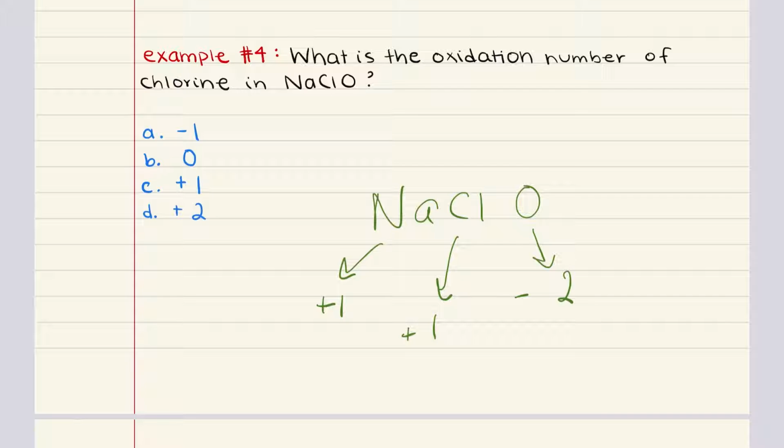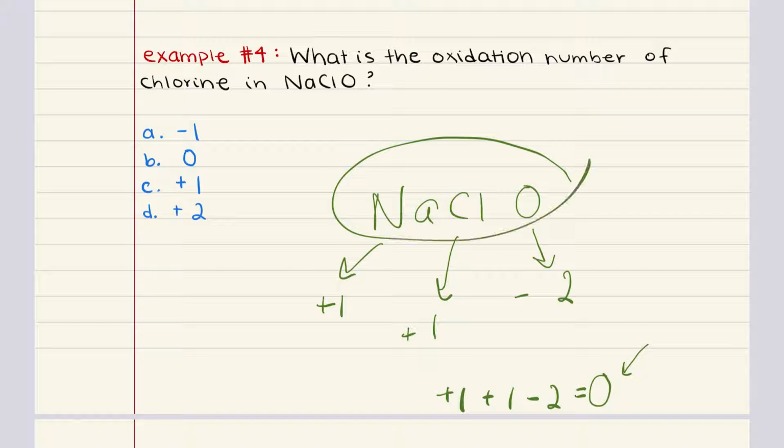Because +1 plus 1 minus 2 gives us a sum of 0, which is what we're looking for since sodium hypochlorite is a neutral compound. The correct answer for problem 4 is C.